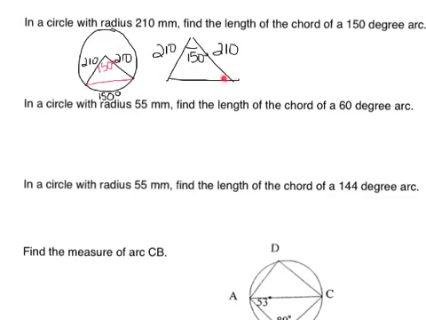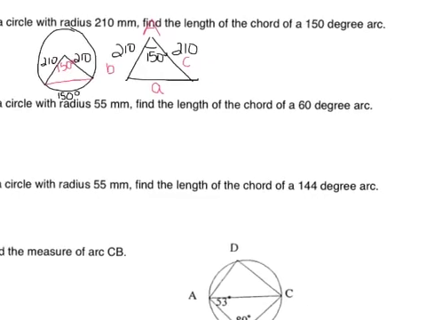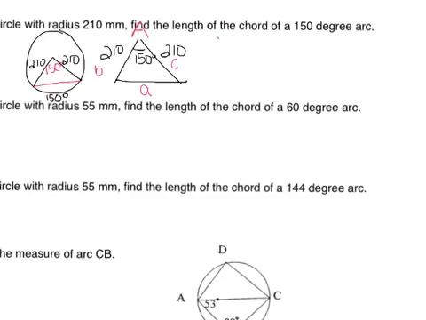This is the side length I'm trying to find, so we would label that side A, which makes the angle across from it angle A. My two side lengths are B and C. The law of cosines looks like this: A squared equals B squared plus C squared minus 2 times B times C times cosine of angle A.